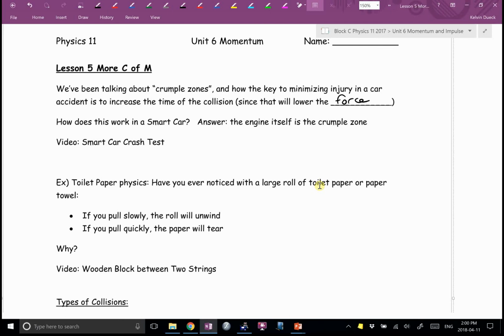But if you yank it, the paper will break. Why? Why would it break sometimes? Why would the paper not be strong enough to move the roll sometimes, but also be strong enough to move the roll sometimes? What's going on there? Put your pencils down, look up.